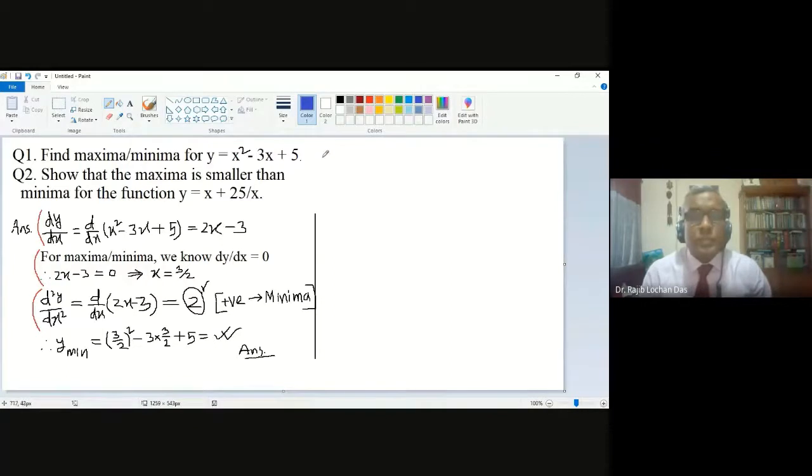The first step for question number 2 is to find the derivative. So for the derivative, you write d/dx. I am just writing the answer. What will be the d/dx of y in this case? If you write d/dx of the question, which is x plus 25 by x, what will be the answer?